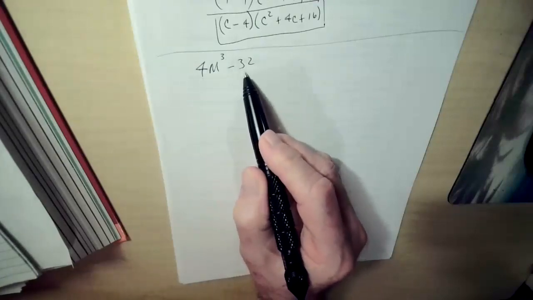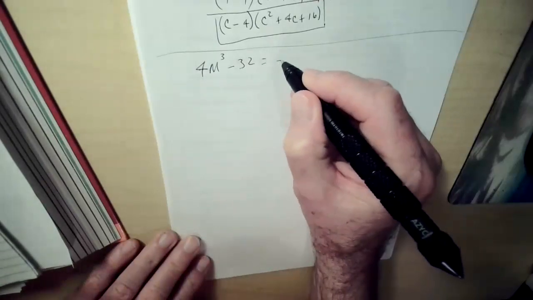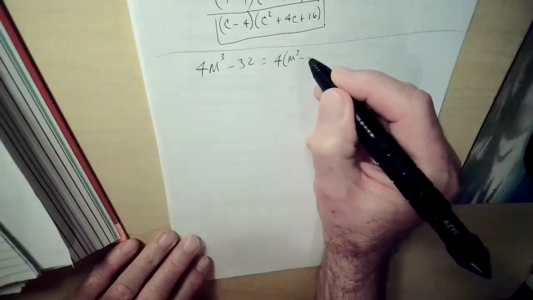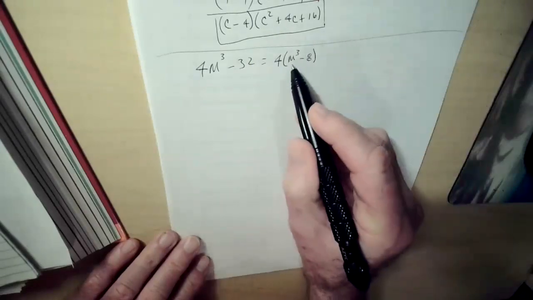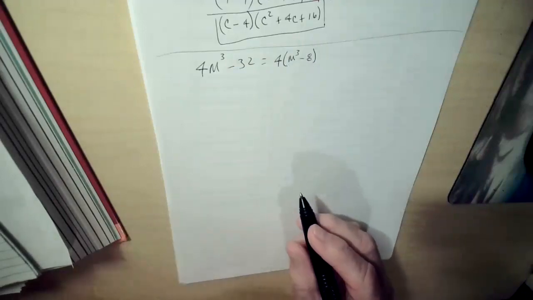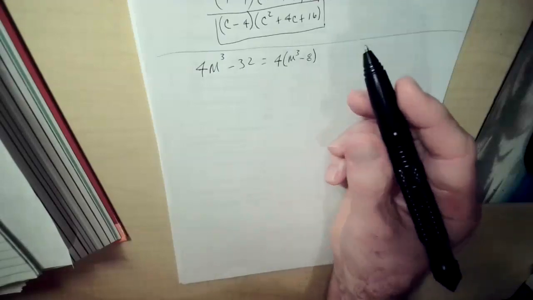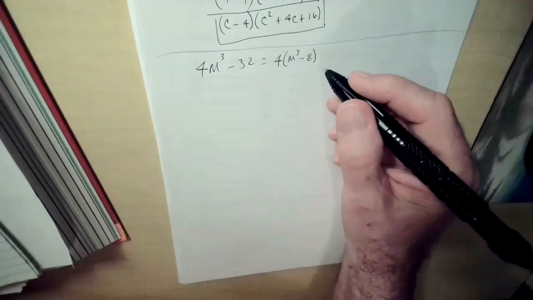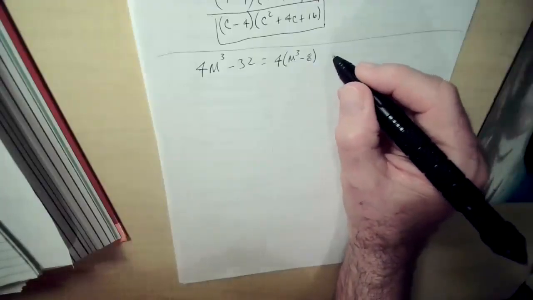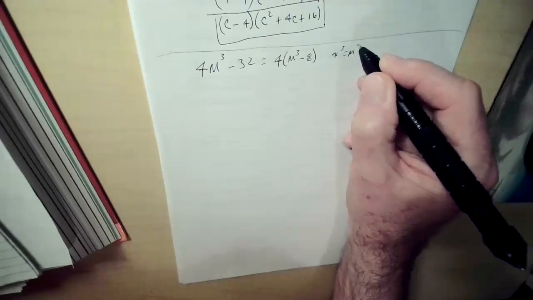Now 4m cubed minus 32. 4 is not a perfect cube, and neither is 32. So what we can do here is factor out the 4, and we get m cubed minus 8. Now both of these are perfect cubes.